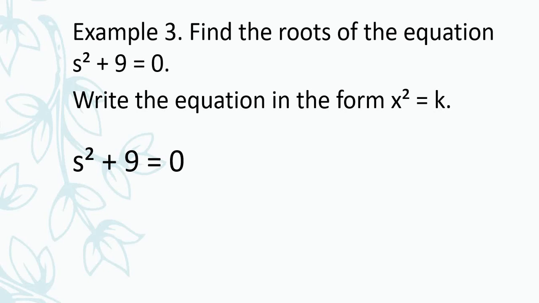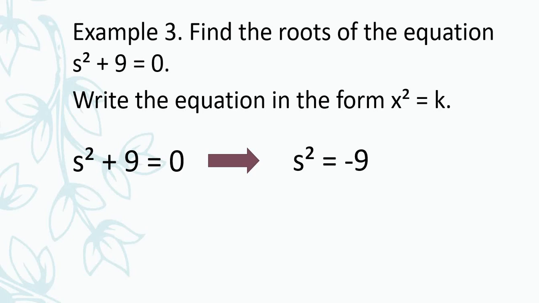So from positive 9, we will use the additive inverse. It will become s squared is equal to negative 9. So this time, it is now in the form x squared is equal to k. So we can now perform extracting the square root. However, if you notice, the value of k is a negative number, which is negative 9.